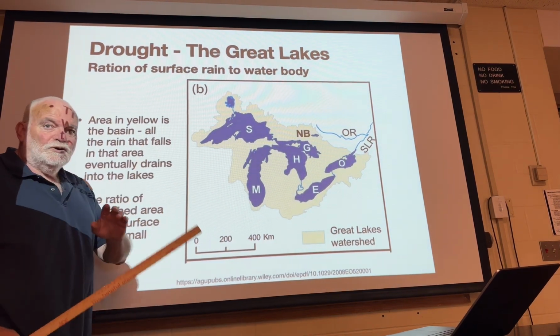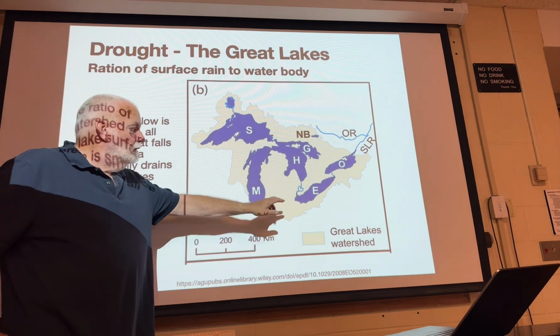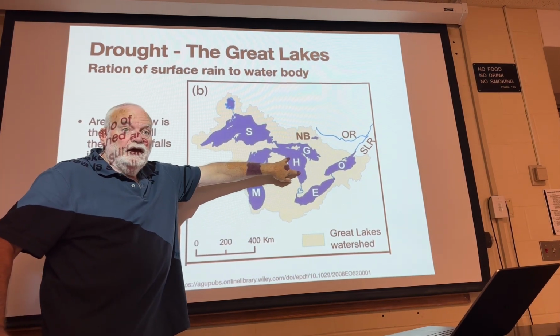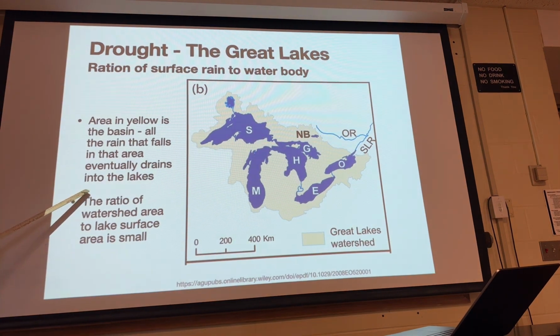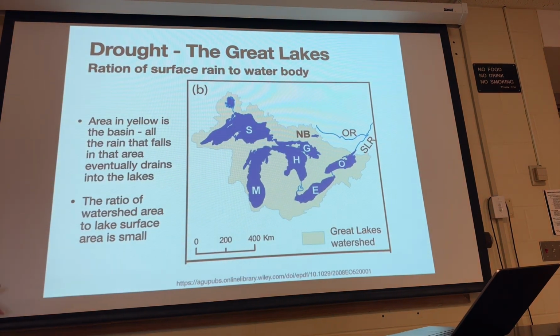We're not going to use that per se in our exercise. We're going to talk about the area of the lake, though. All right, so that yellow area is the drainage basin. It eventually drains into these lakes in this case. This ratio, this balance between the area of the basin and the size of the lakes, is really skewed for the Great Lakes. That's a really small drainage basin in proportion to the size of the lakes and the amount of water in them.